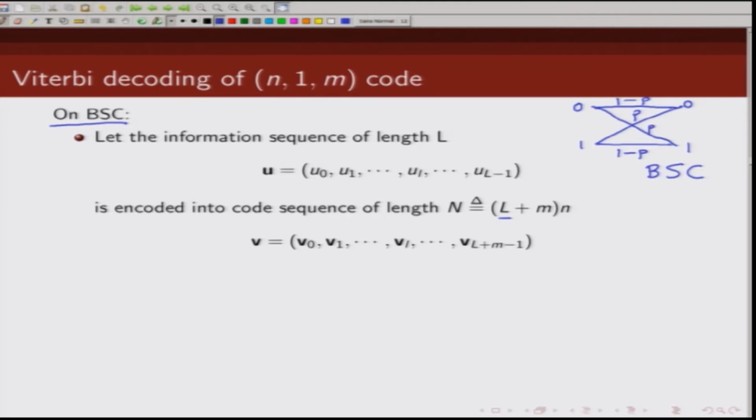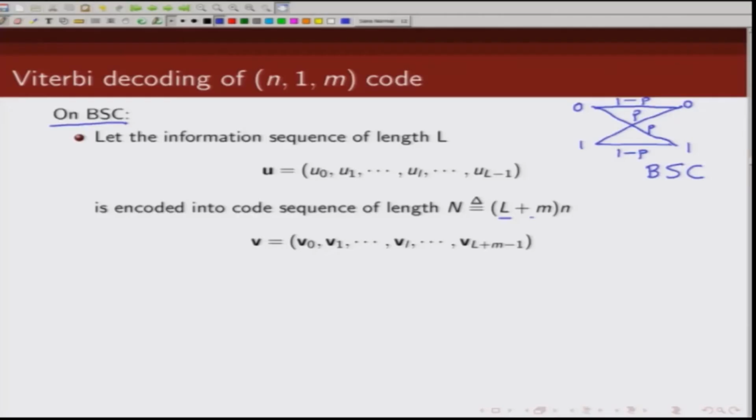Now remember, we are terminating the convolutional encoder, so we require m number of bits to terminate it, to bring it back to the all 0 state. So the total number of bits including the tail bits or termination bits will be L plus m, and since it is a rate 1 by n code, the code sequence length will be given by L plus m into n.